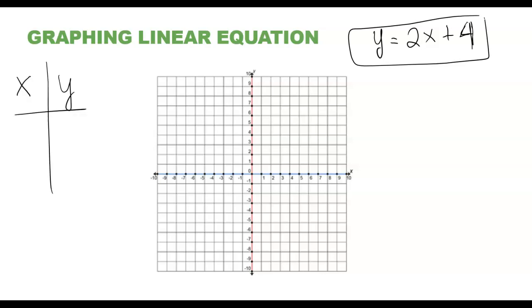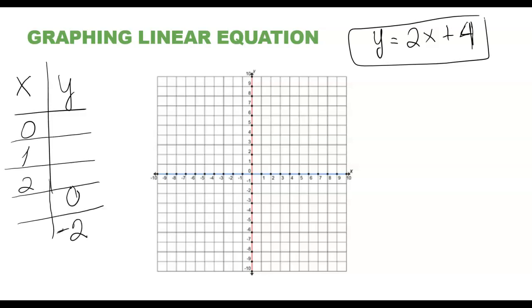We can choose any value of x and find the corresponding y value, and vice versa. I chose the following values for x: 0, 1, 2, and then I'm going to find the corresponding values of y. And I chose the values for y, 0 and -2, and I'm going to find the corresponding values for x.